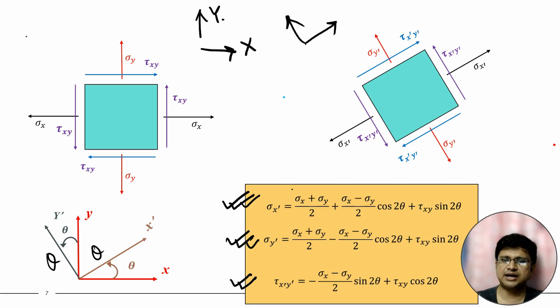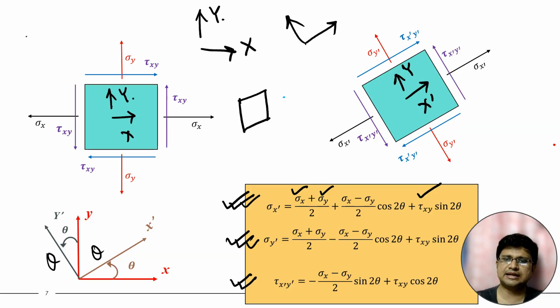Sigma x, sigma y and tau xy are the stresses corresponding to the 0 degree angle, that is, the xy direction. But for a different direction, if this is the x dash and y dash direction, then the value will change, and we will get that value from these particular equations.